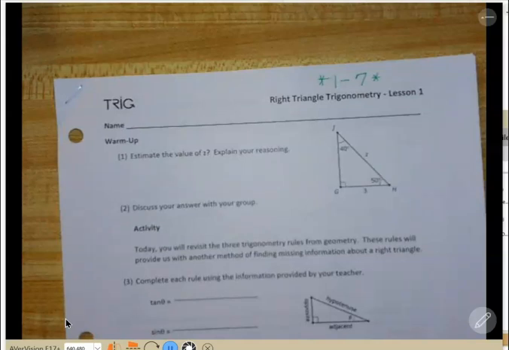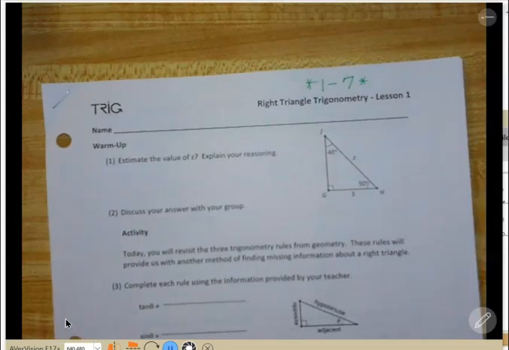So in this problem here, we don't have any rules yet. You may recall some of the rules from geometry, or maybe some of you had the opportunity to do some work of this type of problem in middle school.